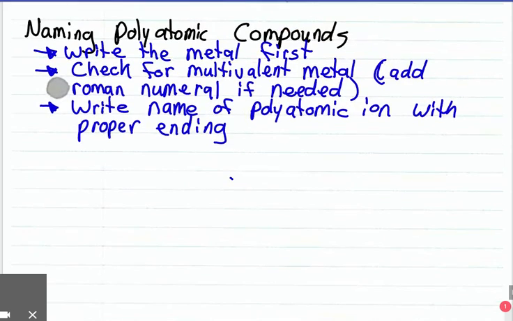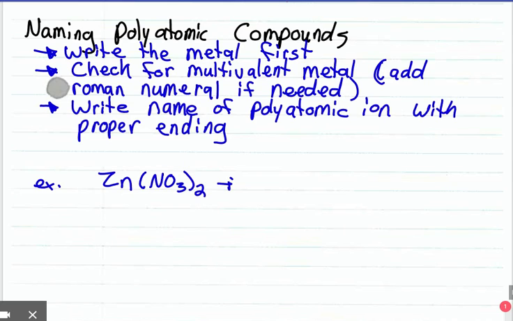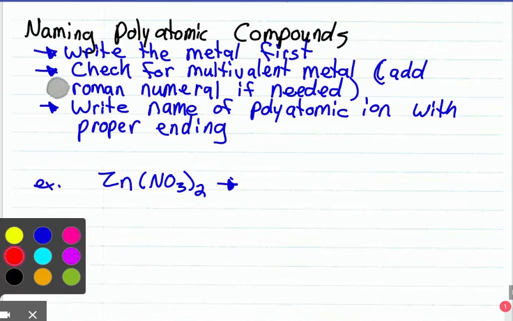So let's look at an example. We'll look at the first one. We'll look at the formula Zn(NO3)2. So when we go to name this, we are going to write the name of the metal. So Zn is zinc.